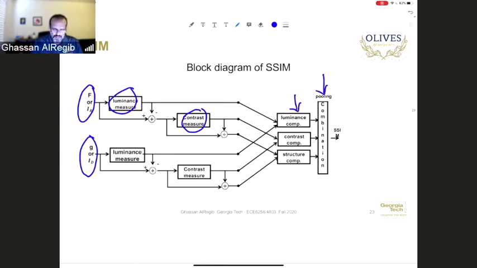After you subtract the average, what you get is basically the contrast measurement. After you normalize, bringing the mean to 0 and the standard deviation to 1, what's left is the structure. So we have a luminance comparison, a contrast comparison, and a structure comparison. And then we have the pooling, and we will know in a minute what that means.